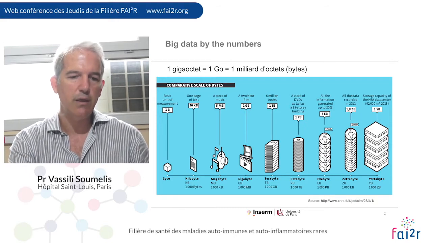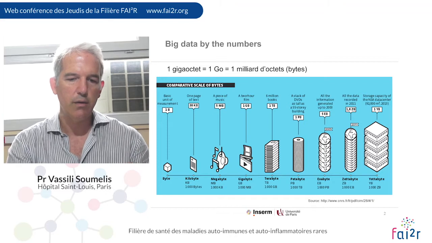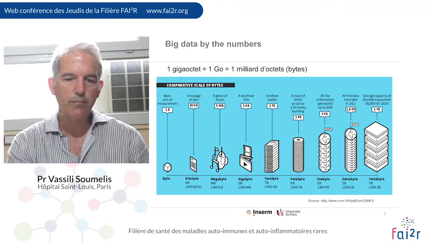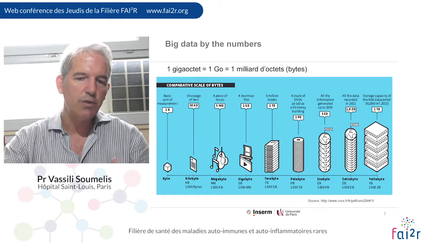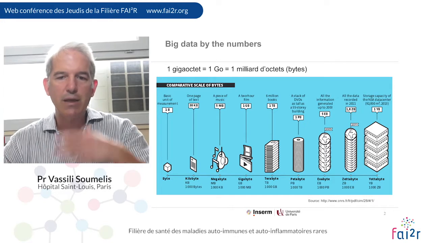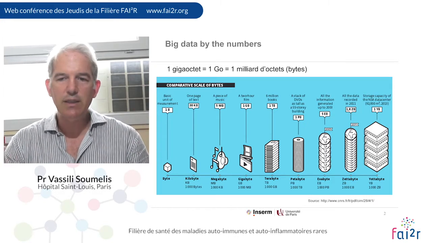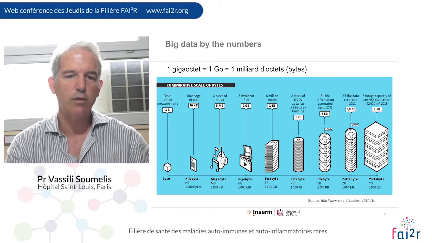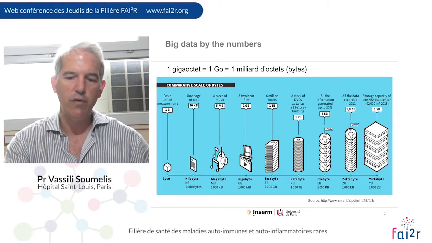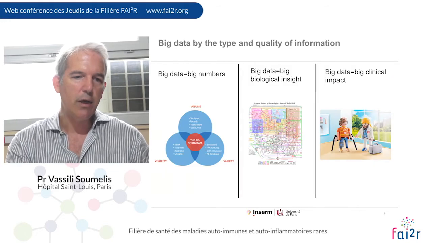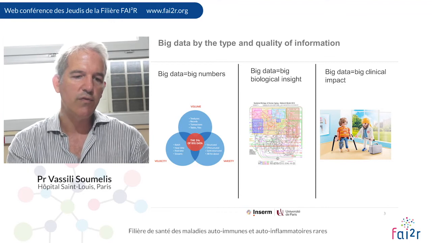Here they are represented according to the volume, so gigabytes, terabytes, petabytes, exabytes, and so on, and also with images related to the volume in terms of stacks of DVD and distant scenes and how many buildings and so on. So this is a computer scientist or a data scientist view of big data. This was at the origin of the famous 3V to define big data: volume, velocity, and variety.